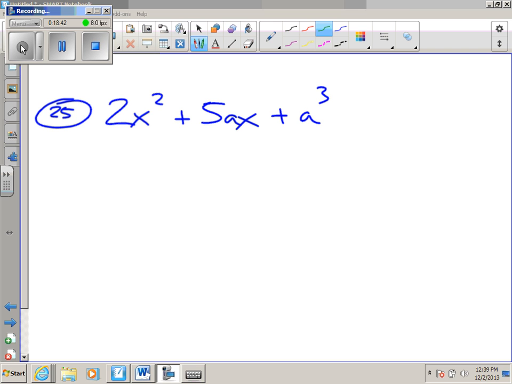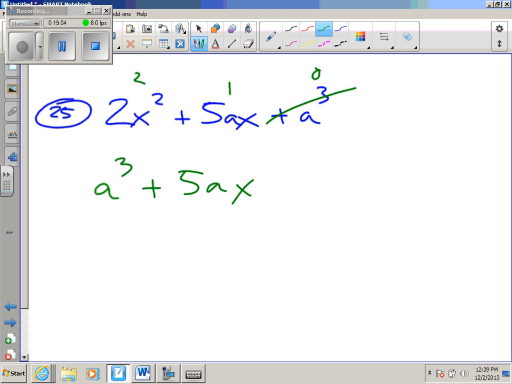Power of x here is 2. Power of x here is... There is no x. Powers of x, not a. So our smallest one, a to the third, followed by... Good, because x has a degree of 0, because there is no x. 1, 2. So there are no ties.